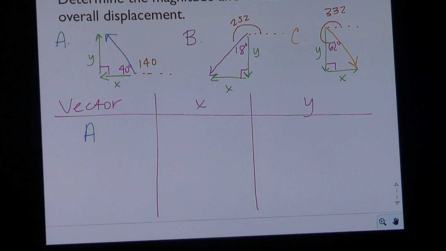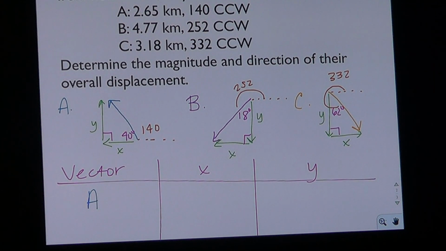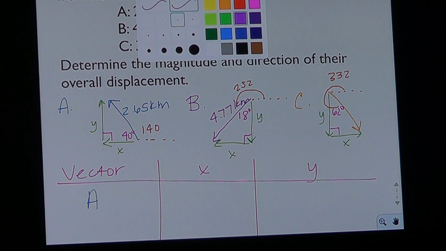Cosine of, I guess we have to find the hypotenuse first. Oh, they gave those to us, we should put them on there. This is 2.65, 4.77 and 3.18.